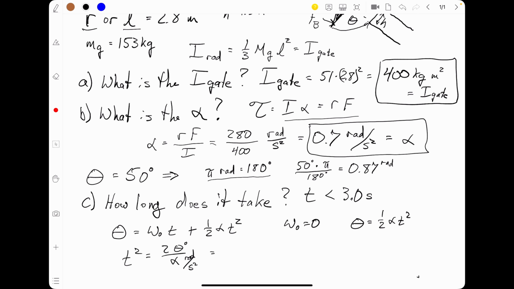So now I can say that t is equal to the square root. And this is still theta, by the way.